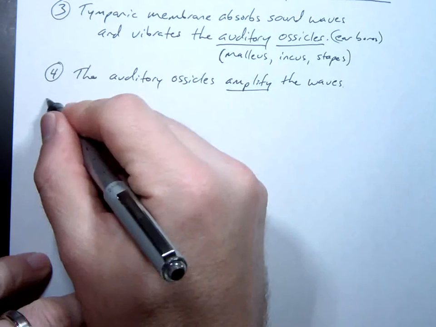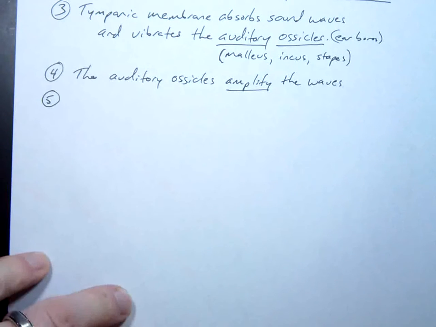The last ear bone was called what, gang? The last one in the line is called the stapes.